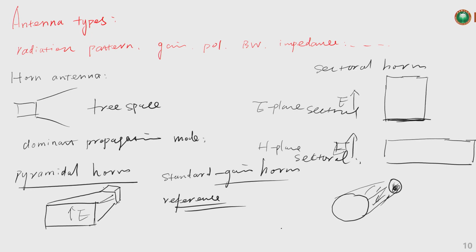So this is the conical horn, which is more commonly used, because it is a perfect circle and can give us a more symmetrical radiation pattern.